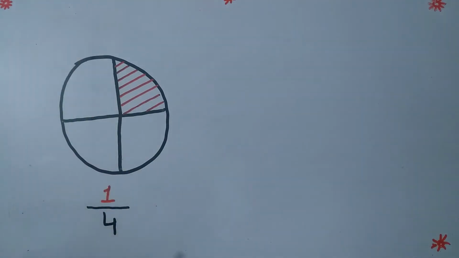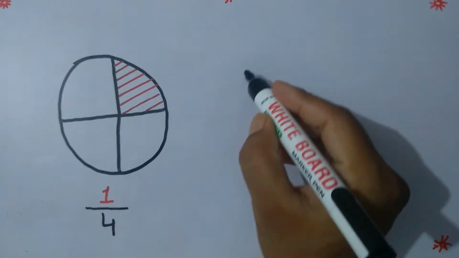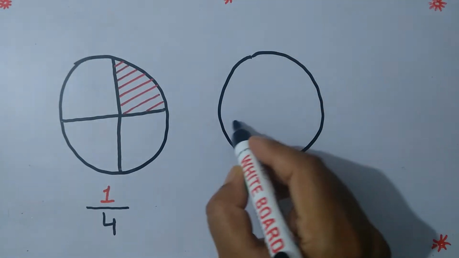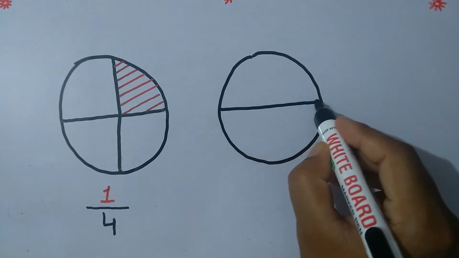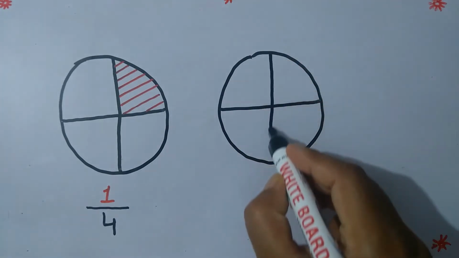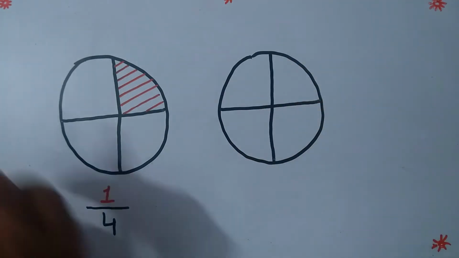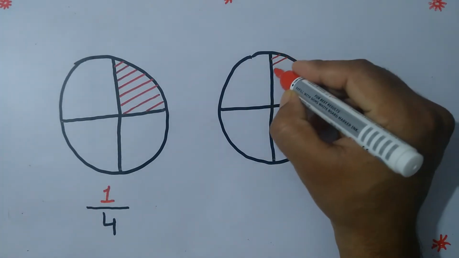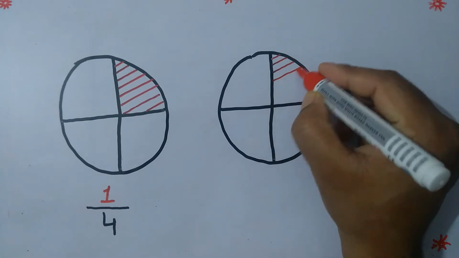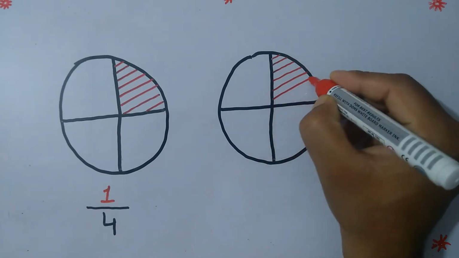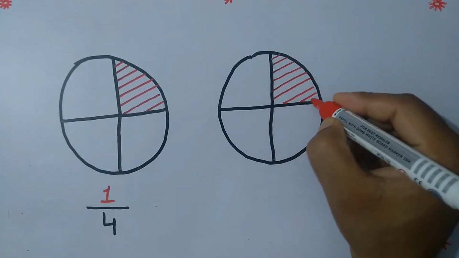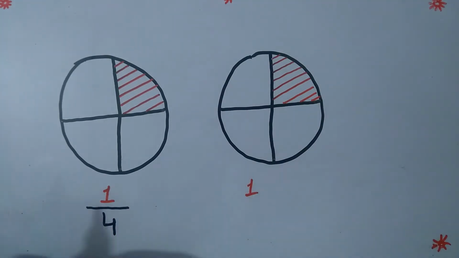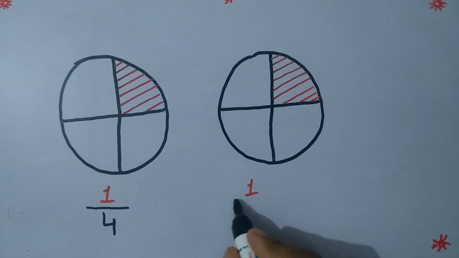Similarly, if we take one more circle, again we divide this circle into four equal parts. Again, one part of the circle is shaded, then this portion is also equal to 1 upon 4.